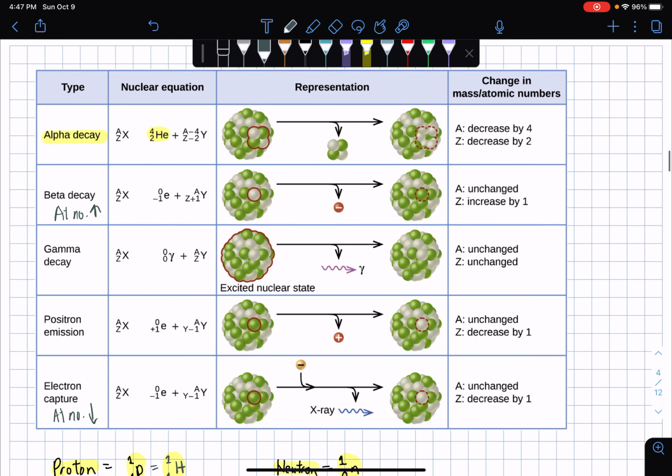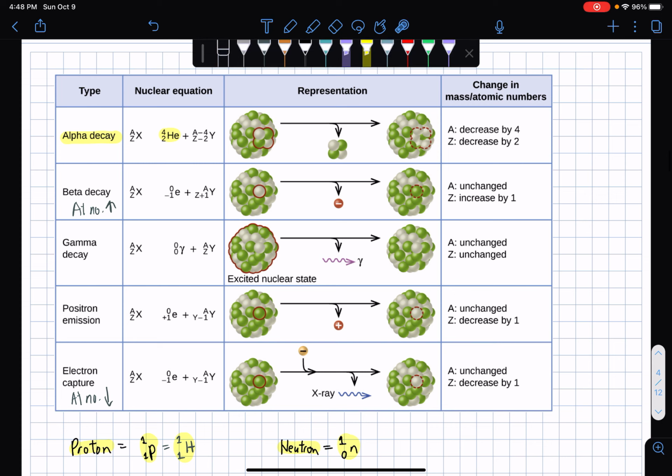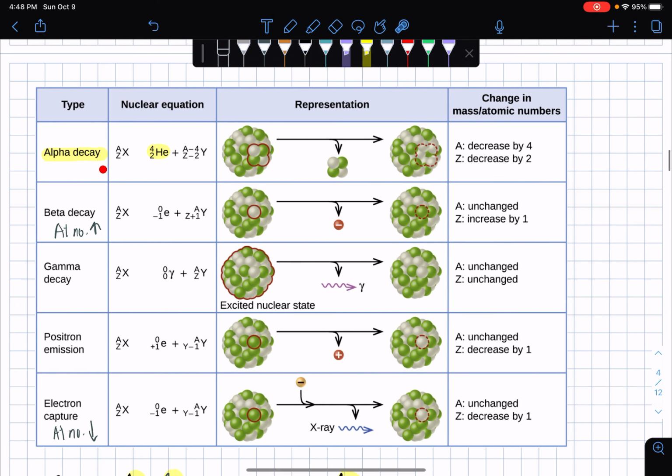So this is basically the summary of everything I showed you earlier. For alpha decay, the atomic mass would be the letter A, and the Z would be the atomic number. Decrease by 4, decrease by 2 in this context. For beta decay, the atomic mass remains unchanged.